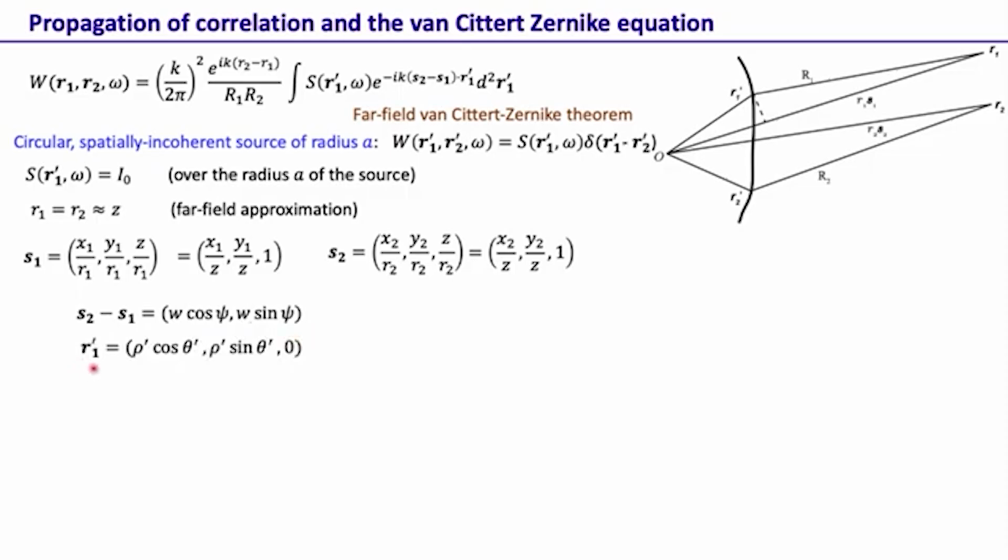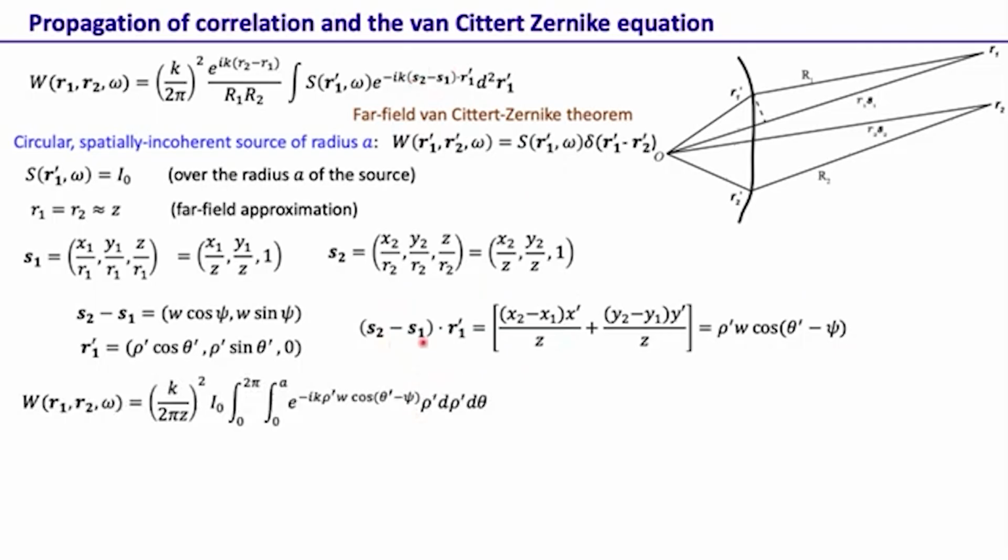Similarly, we can write R1 prime as some rho prime cosine theta, rho prime sine theta, and so if we write S2 minus S1 dot R1 prime, which is the quantity we need here, we can write it like this. And if we then put this over here, it takes this form.